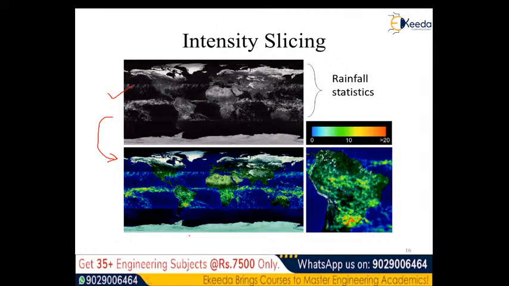But this colorful image is not the naturally existing colorful image. This is the manual assignment of different colors to different intensity levels that we have obtained in the grayscale image. So though you see this to be the colorful image in part B, it is not the true color image, but this is the pseudo color image.